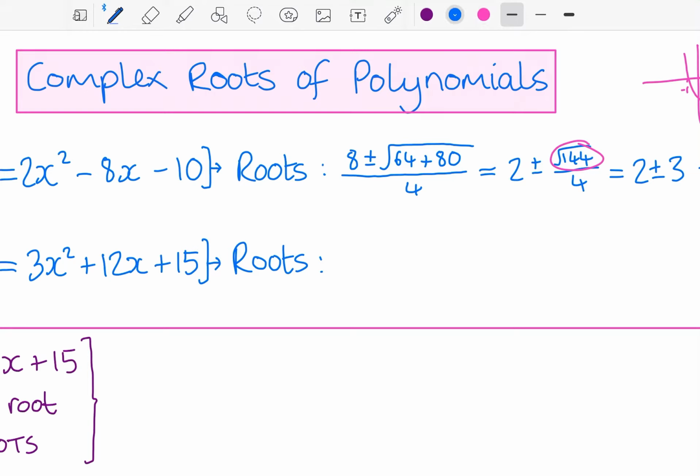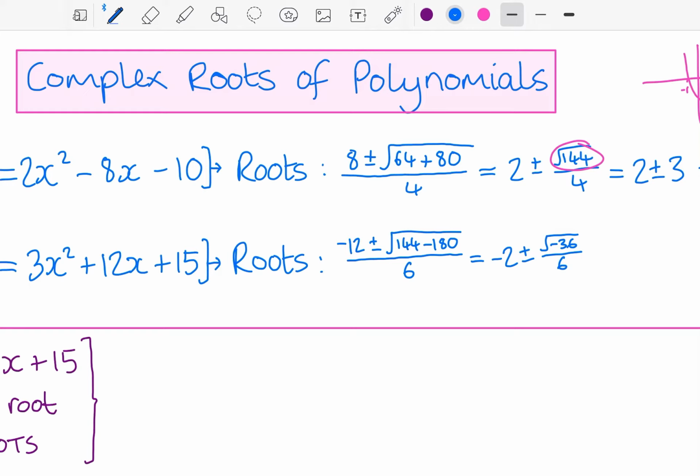But what you'll see in some quadratics is if you use the quadratic formula, minus b plus or minus the square root of b squared minus 4ac is 180 all over 2a, minus 12 over 6 is minus 2. This is going to be negative 36 over 6.